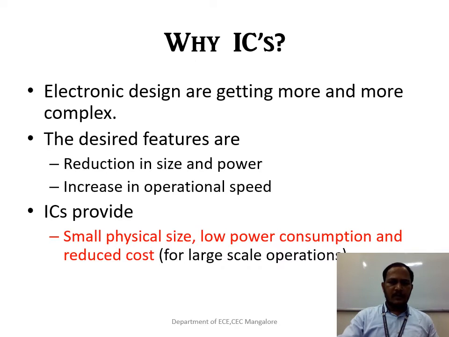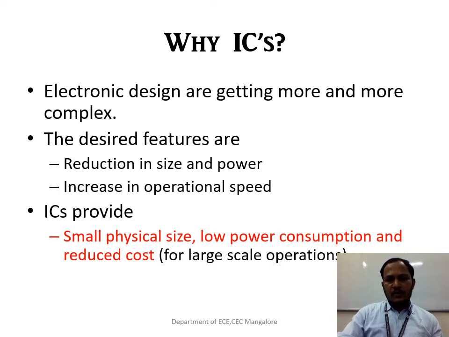And power dissipation also: the device now dissipates less power, and the speed is also very high compared to the previous device. In the evolution of IC, the main features are reducing power dissipation, reducing the size, and increasing the speed. These are the main three features we require for designing any ICs.